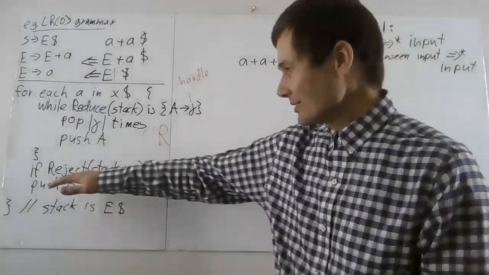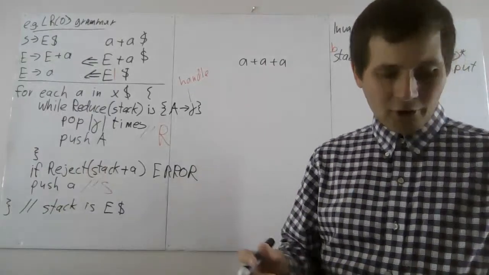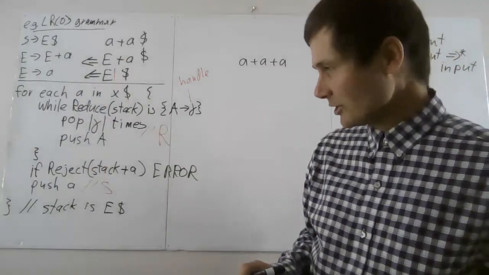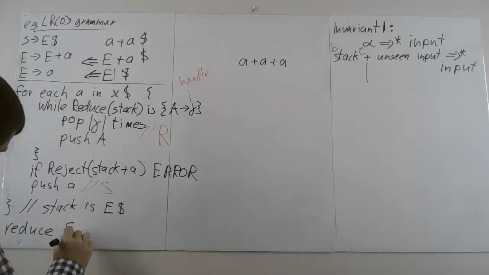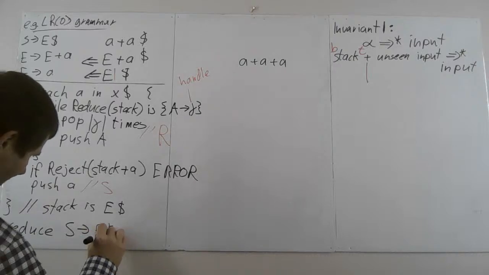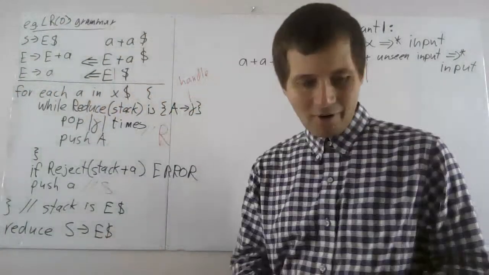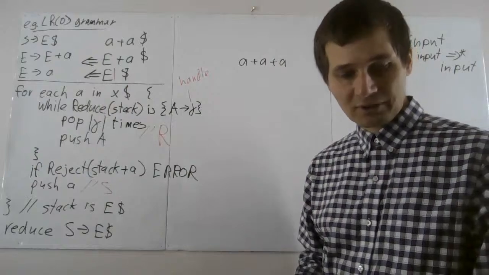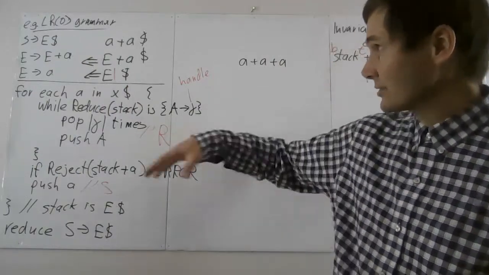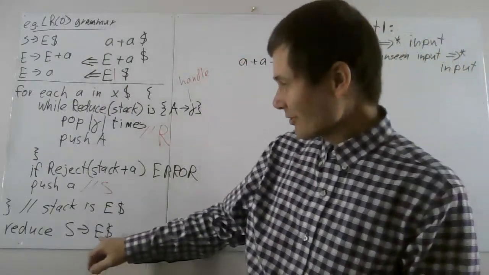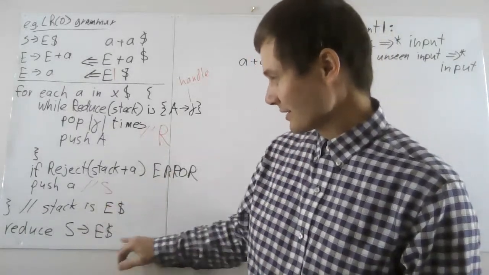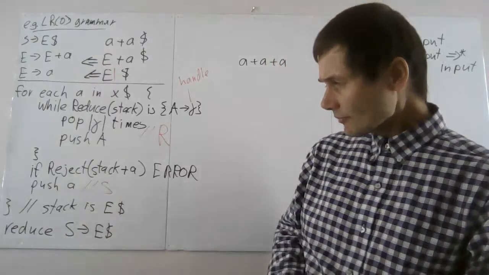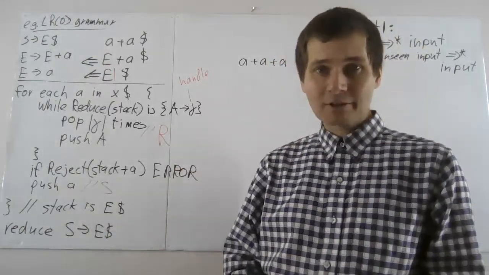So once you get to the end of this loop, you could do an extra reduction, one more reduction by S goes to $. Most implementations don't even bother doing that, because your original grammar would have been in terms of E as the start symbol, and this is just an extra rule that you've added to augment the grammar.